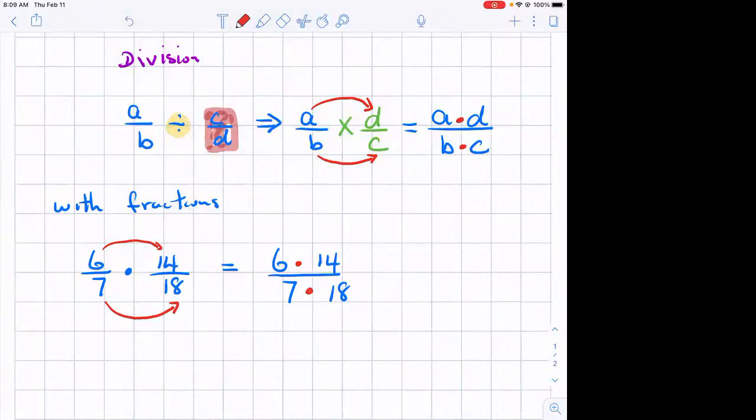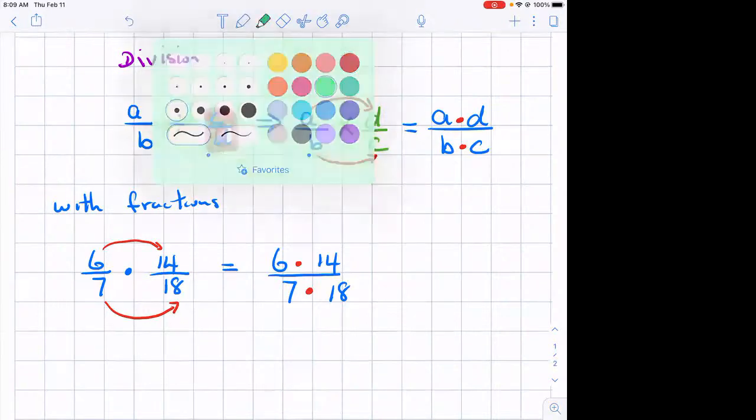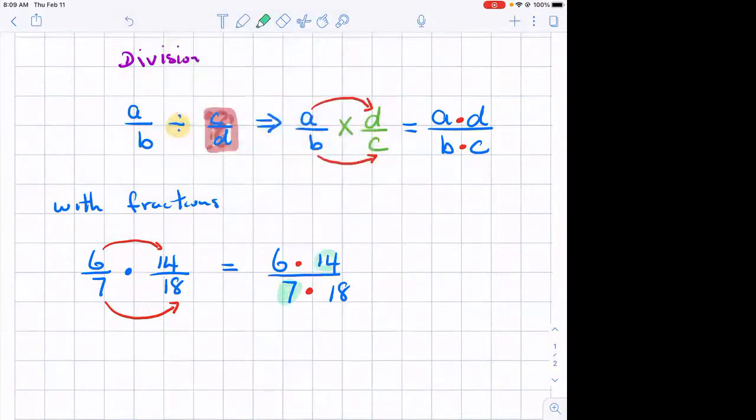Then we can simplify the numerator and denominator. If you notice that 7 and 14 can be reduced, we can say 7 divided by 7 is 1, and 14 divided by 7 is 2.